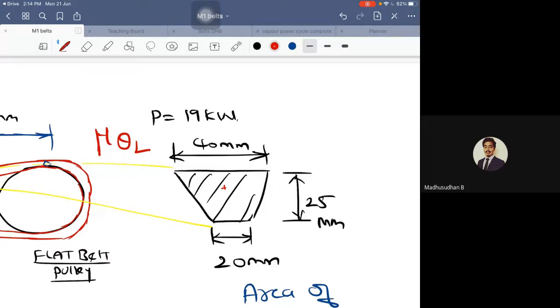How do you calculate the centroid of a rectangle? These basic stuffs, you have to know it. How do you calculate the centroid of a rectangle whose height is h? Basic thing.